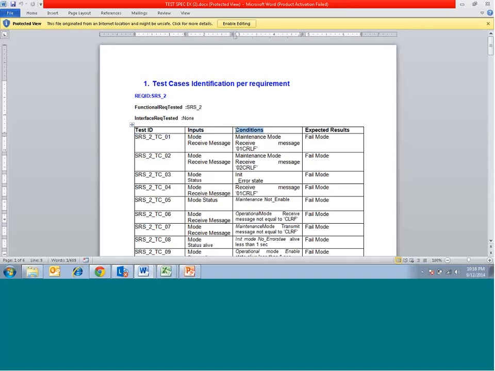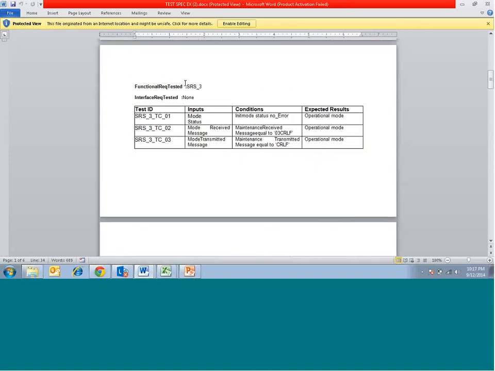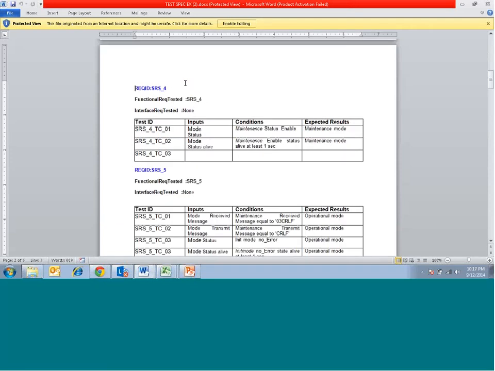So what is the condition that for this input it should exhibit, then what is the expected result that we are going to have. Similarly for each of the requirements, like we are going to take up SRS2, SRS3, SRS4, likewise we are going to have for each of the requirements.